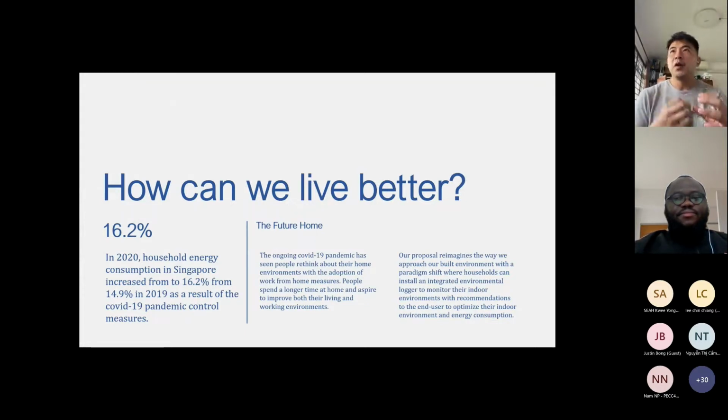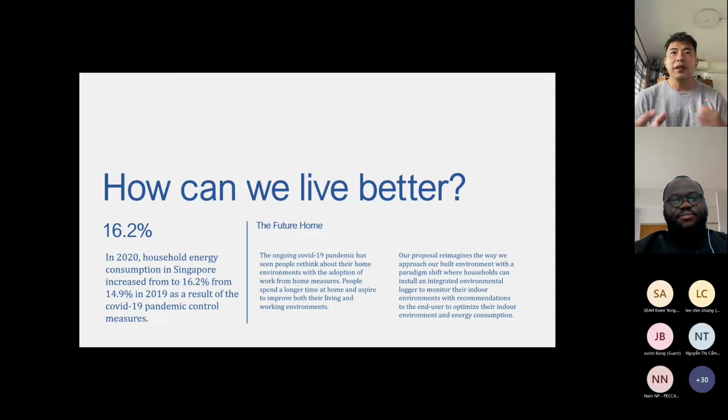It doesn't mean that when the client wants to do the design, the designer comes in to do all the logging, because that is a limited timeline. Once the client engages you, maybe you have around 1 to 2 months to design a house project. So the amount of time that you log is not the actual accurate information, and we have to do some extrapolation from there.